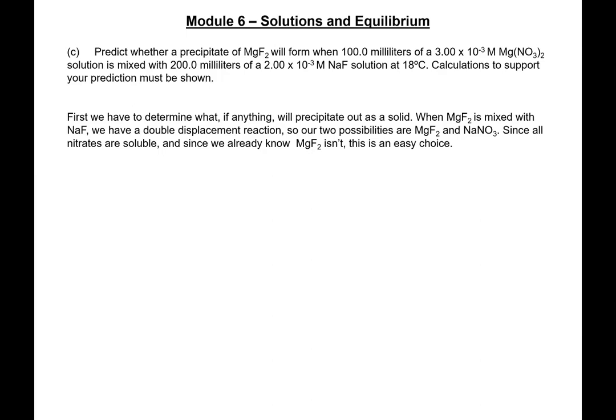So if magnesium nitrate is mixed with sodium fluoride, we have a double displacement reaction. So our two possibilities are either magnesium fluoride or sodium nitrate. And since all nitrates are soluble, and since we already know that magnesium fluoride isn't soluble, it's a pretty easy choice.